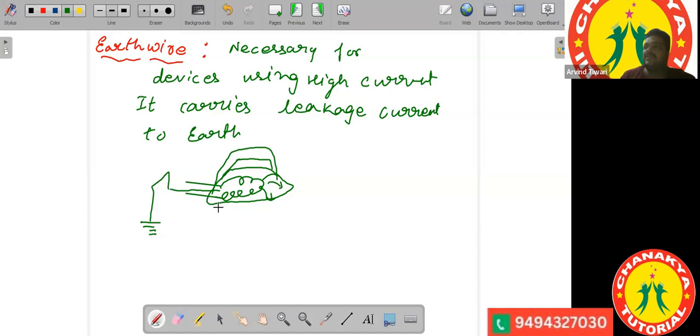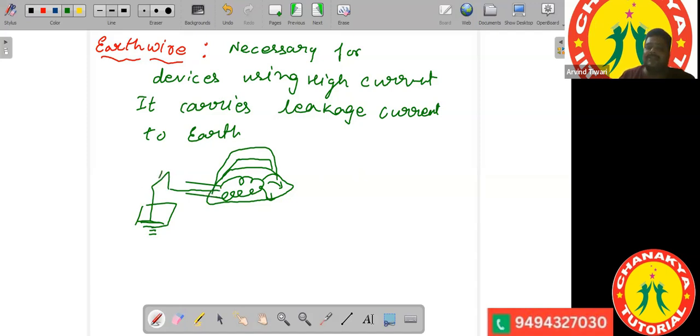So just nearby your house, somewhere behind it where the place is less visited, earth is dug out, and inside it a copper plate is laid out. Okay, a copper plate with some area is laid out, and that copper plate is connected to the earth wire.